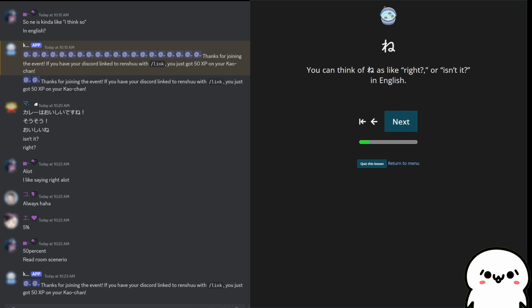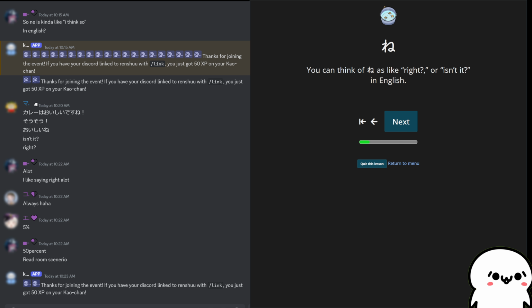And so I have seen people want to translate ne as "right" in every English sentence that they write. However, that's not accurate, because that's going to suggest that, for example, our person who said 5% might say, well, I never use "right," so I probably shouldn't use ne. That's not true.